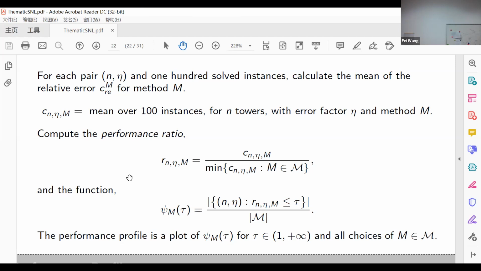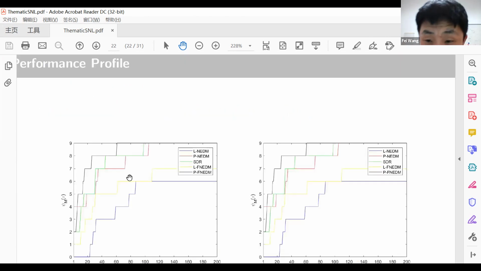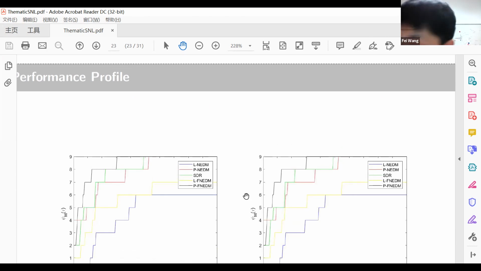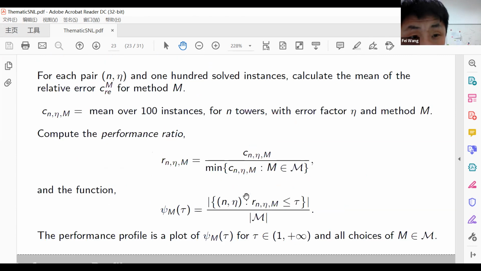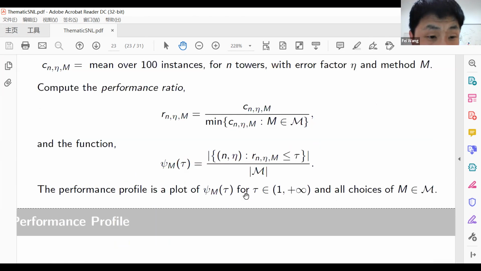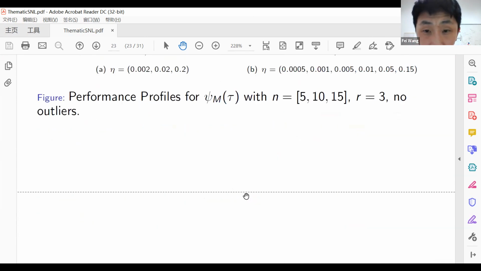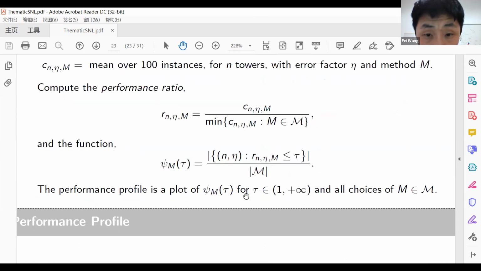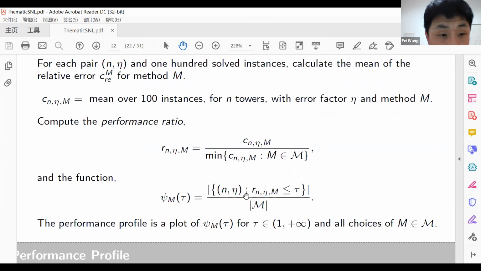Yeah, actually, in our performance profile, the performance profile is the ratio of C_n for eta and m.